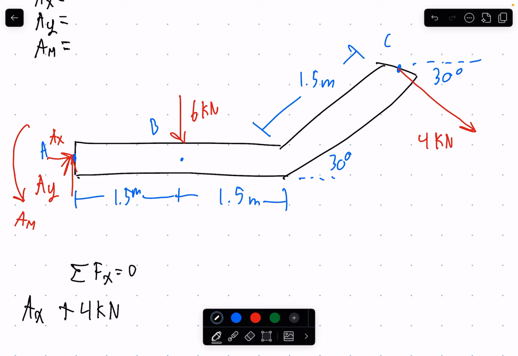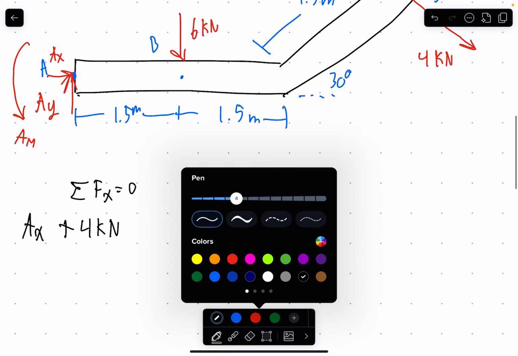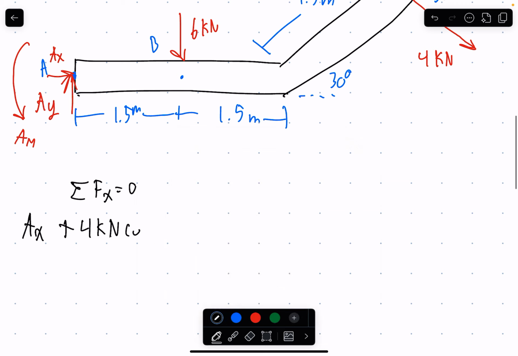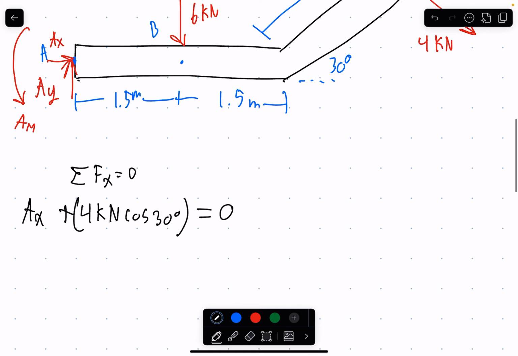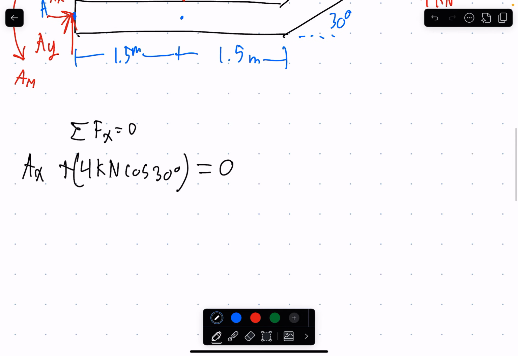And so we need to find the horizontal component for that. So what we're going to do is take the cosine of 30 right there, equal to 0. You plug that into your calculator, and it should show that we have one unknown in this equation, so it'll be quite simple to solve. You should find AX is equal to negative 3.46 kilonewtons.